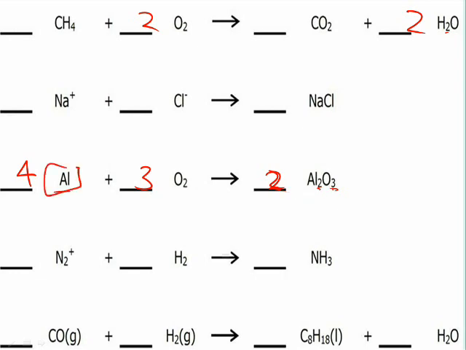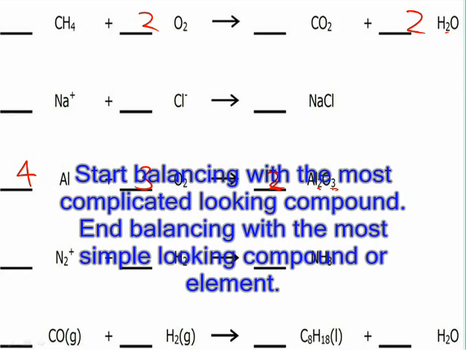I love seeing these. It makes it really easy at the end. Okay, what about this next one? N2 plus H2 goes to NH3. Well, we have 2 N here, 1 N there, 2H, 3H.